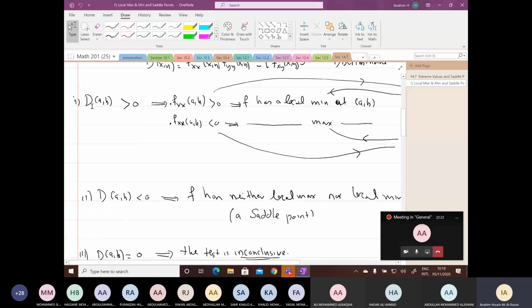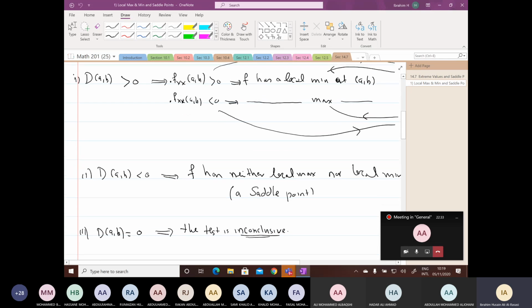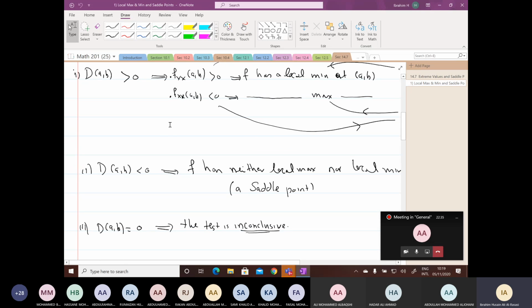You check the discriminant. If it is positive, I go and check f sub xx and f sub yy, and you get local max or min. If the discriminant is negative, it is a saddle point. If the discriminant is 0, no conclusion. We have to use another test or another method. We say the conclusion is inconclusive.